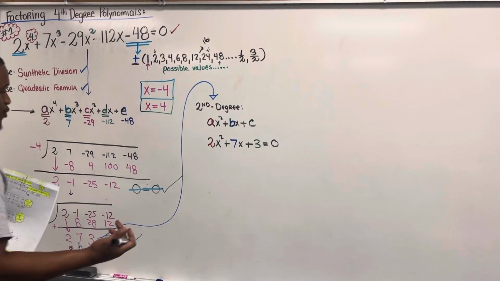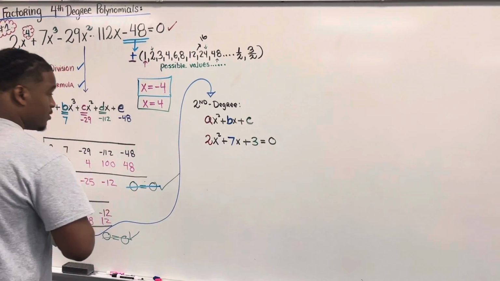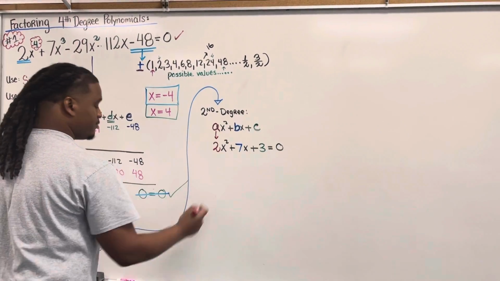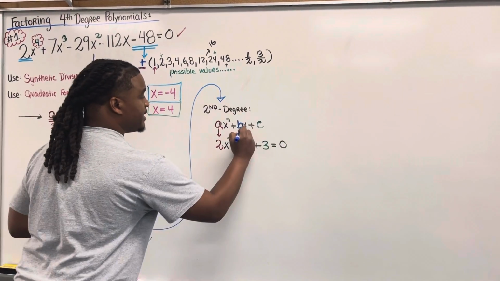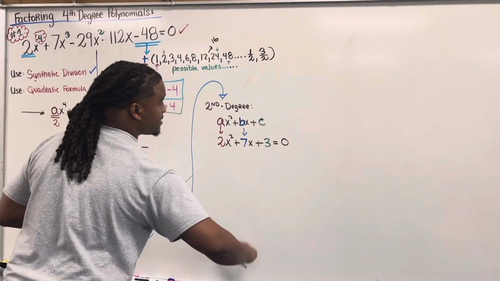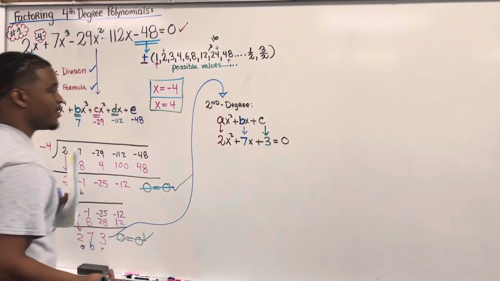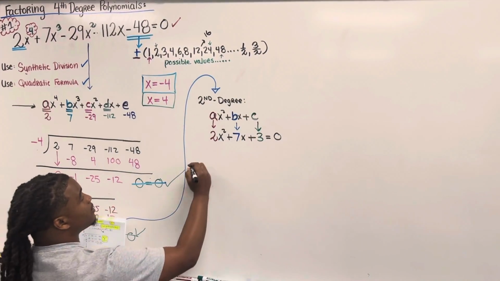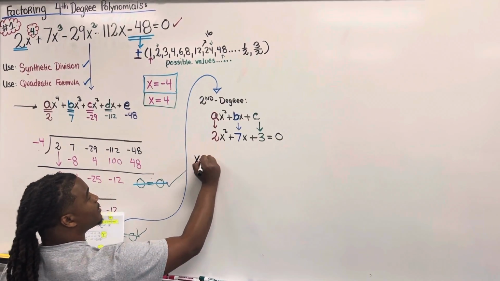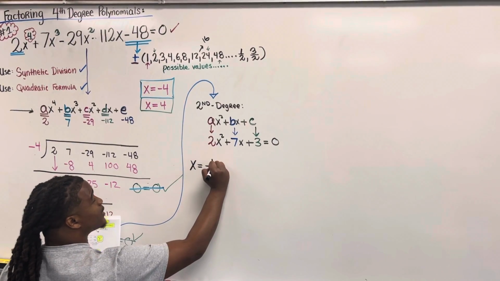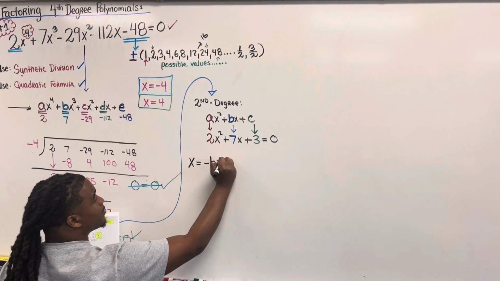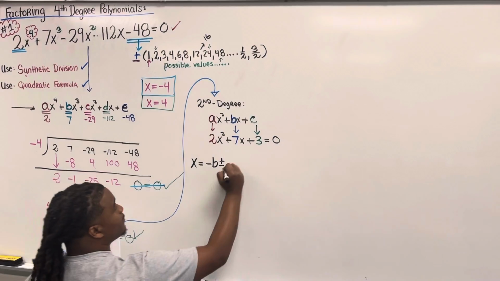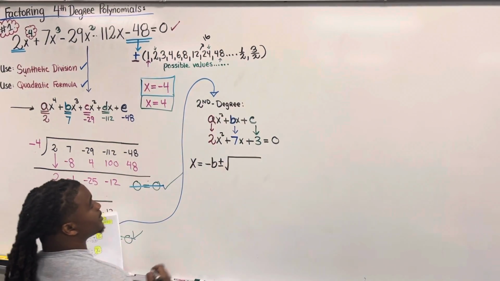So once again, you already know quadratic. As you see, A is 2, B is 7, and then C is 3. As you can see, we already have our values. So all we're gonna do is just plug into the quadratic formula. Here's the formula. Once again, if you do not know the quadratic formula by heart, just type it in on Google, on your computer, on your smartphone, and the formula will appear, okay?